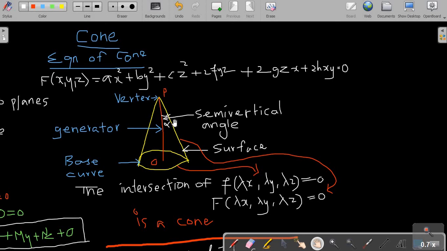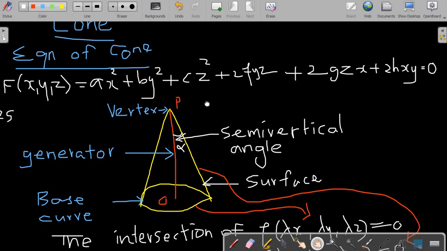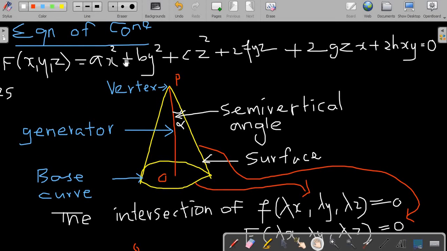How does this cone come about? Take the set of all points (x, y, z), and for some constants a, b, c, f, g, h, if that set of points satisfies this equation, that will give you all the points on the surface.